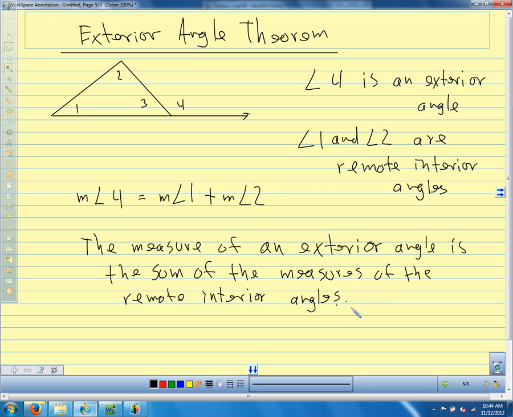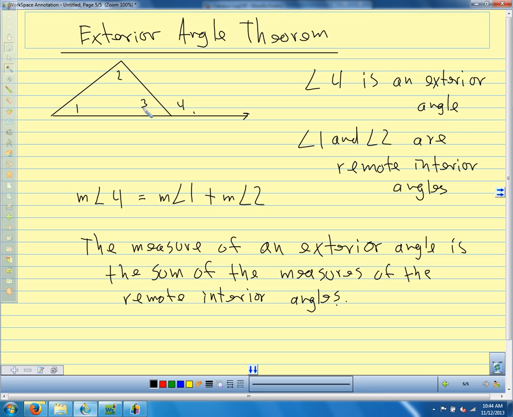So that's what the exterior angle theorem tells us. And basically the idea, if we could sketch out a proof at this point, I'm not going to go through the proof right now, but just like we've done with our problems, we know that all three of these angles have to add up to 180. These two angles have to add up to 180.